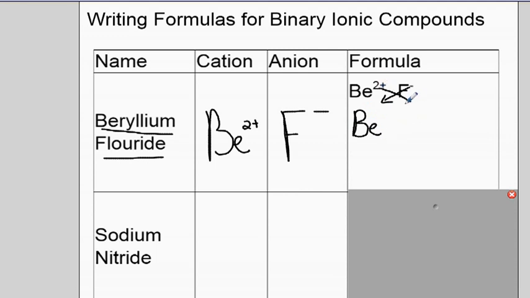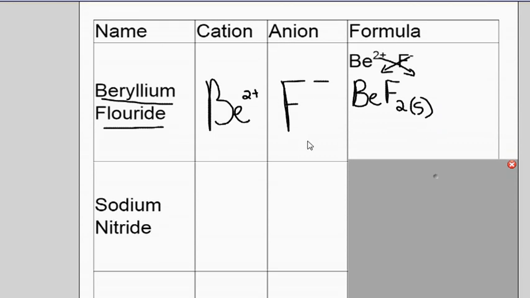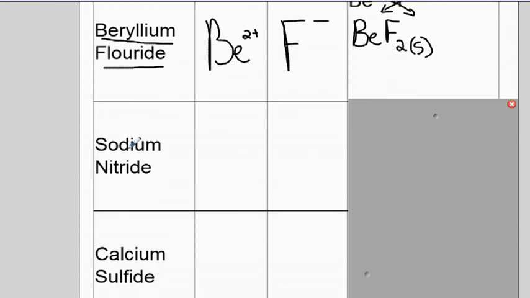Then the 2 that the beryllium has will cross down and become the subscript for fluorine. So we have our F and the 2. This is our formula, BeF2. We always have to include our state of matter, and since this is an ionic compound, it will be a solid.